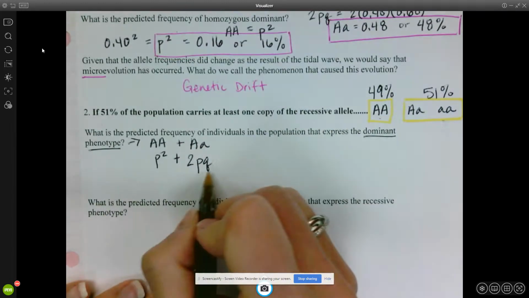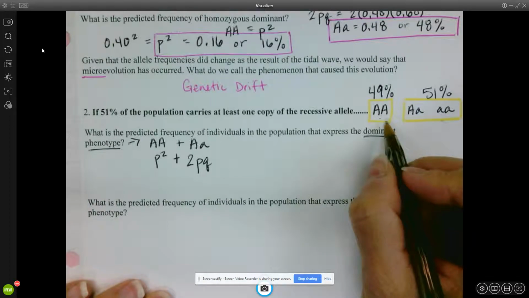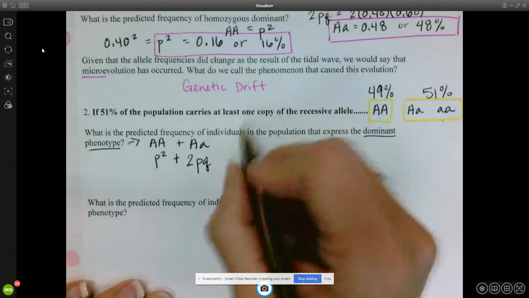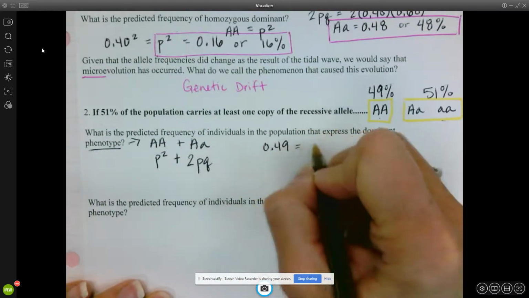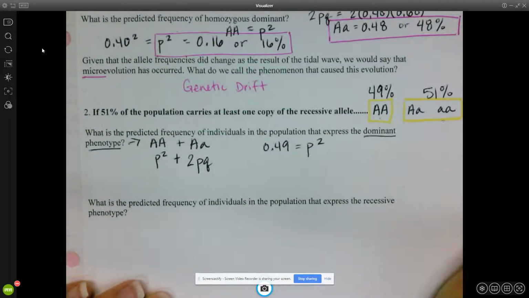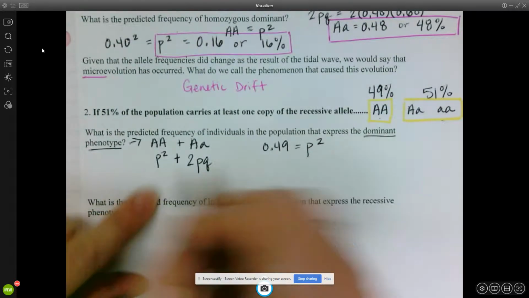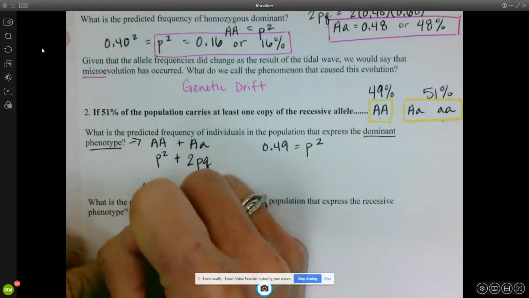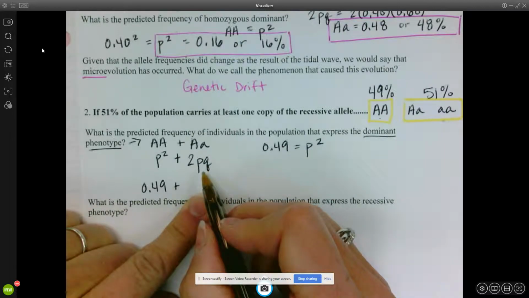So this is the equation that we want to solve for. We have enough information with this because we isolated one genotype. 49% or 0.49 equals P squared. So we need to get P alone. Okay, well, we can plug that one in already, right? We know that one. Now we need to find the heterozygotes.